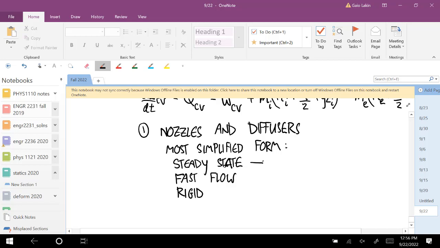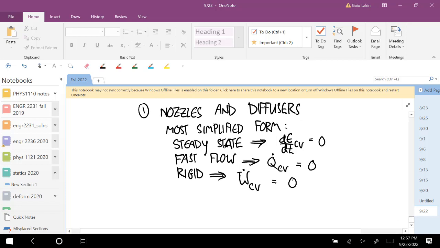So the steady state gave us that dE dt was equal to 0. The fast flow said no heat transfer through the walls. And the rigid walls said no work done by the device. And then we also assume that there's no change in height.